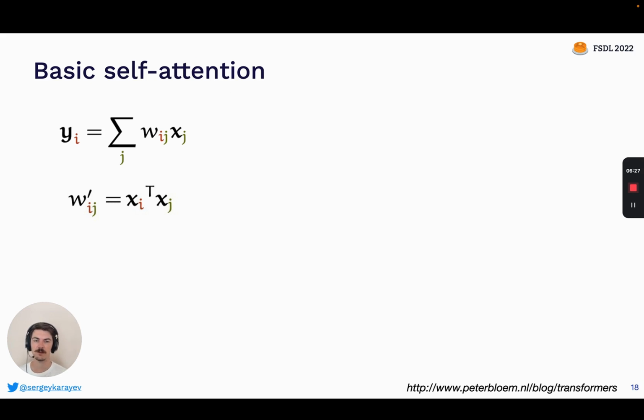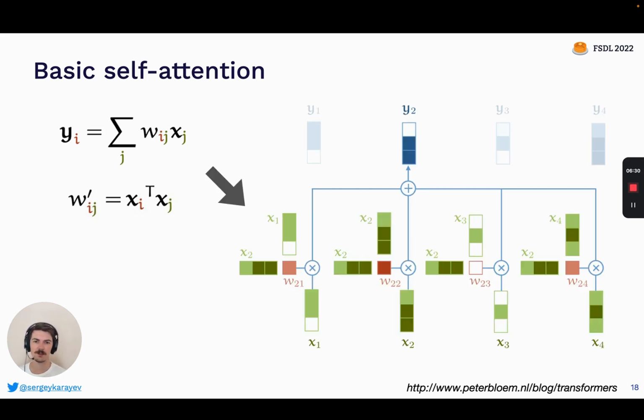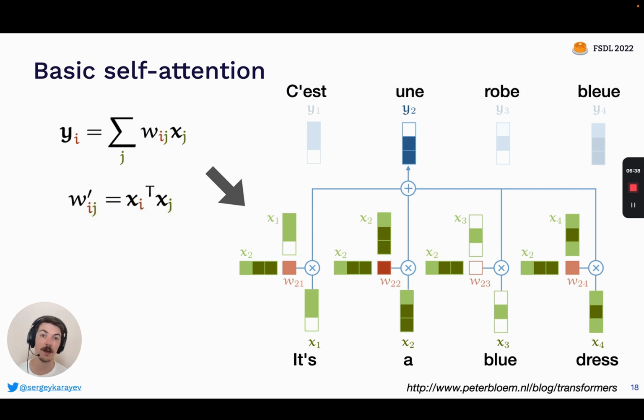We can represent it visually as something like this. Let's actually put semantic meaning behind the input. So maybe it's a sentence, it's a blue dress is the input sentence. And the output sentence maybe is supposed to be something in French, say un robe bleu. Now, you'll notice there's going to be a thing attention will have to do, which is switch the order of the sequences. Instead of blue dress, it'll have to be basically dress blue in French.